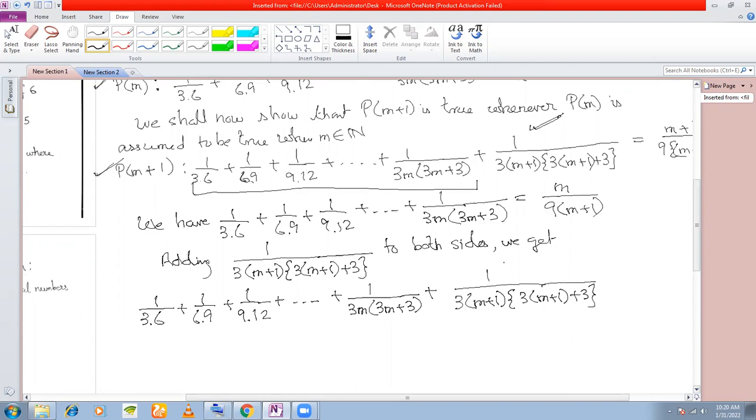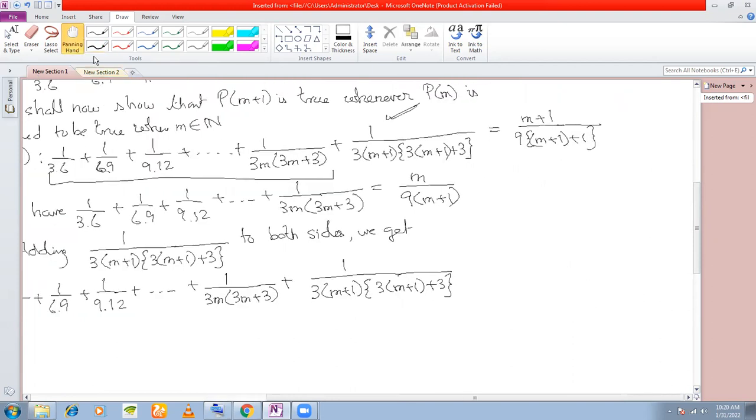This is the term that we are adding to both sides, right? Is equal to m by 9 times m plus 1 plus 1 by thrice m plus 1 into thrice m plus 1 plus 3, right? This is the term that we have added to both sides.